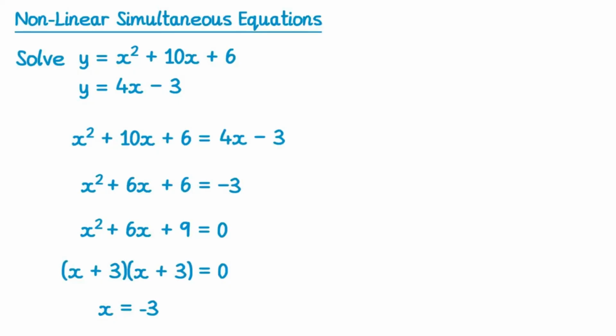Now we need to get the corresponding y value. So we can go back to either of the first two equations and substitute this x value in. It's almost always going to be easier to substitute into this one here, the linear one.